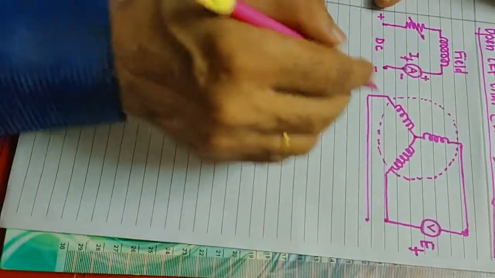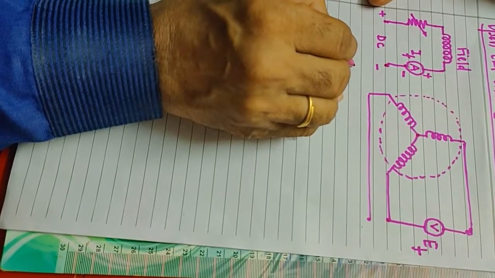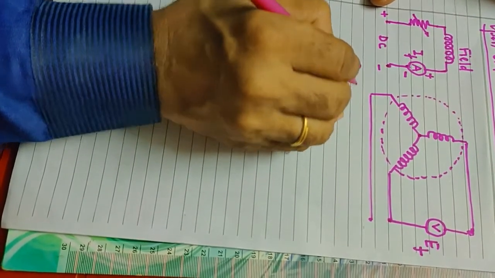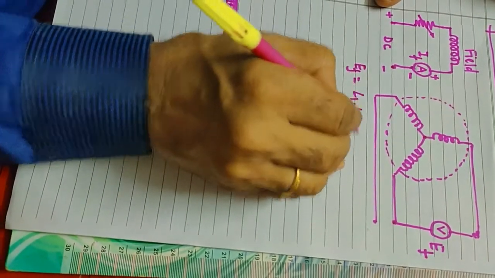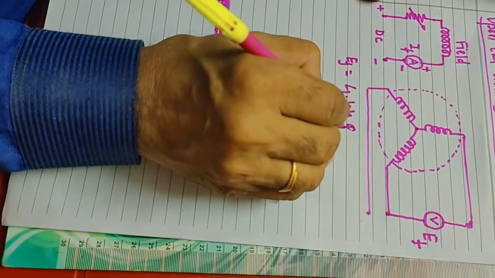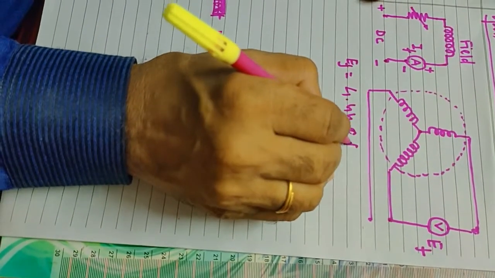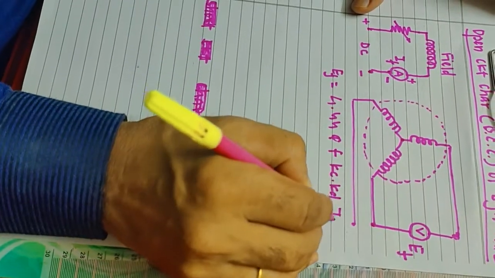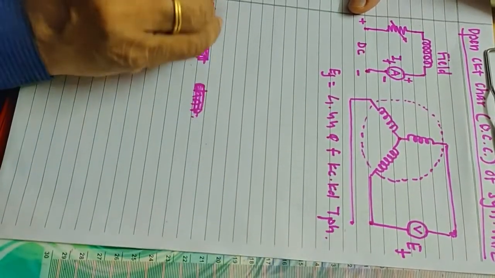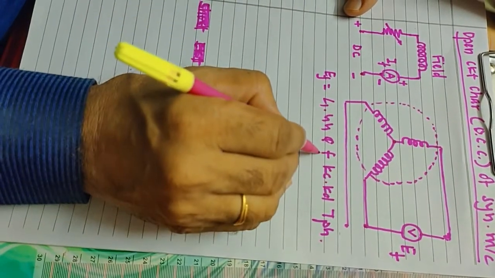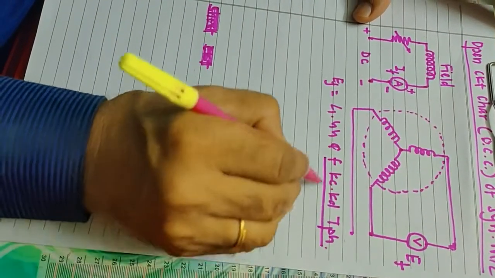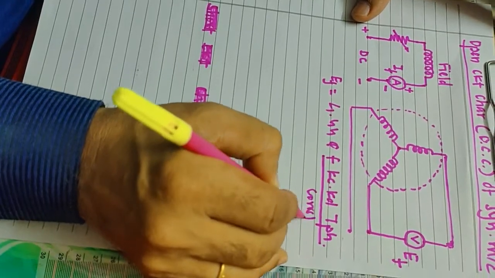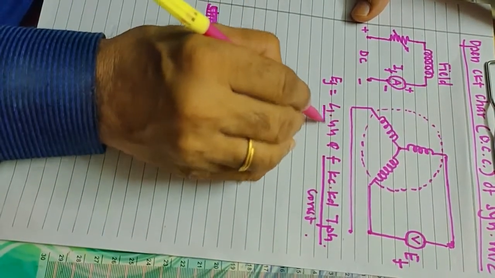We have EF equal to 4.44 phi f Kc Kd Tph. This is the formula, and the other terms are constant.